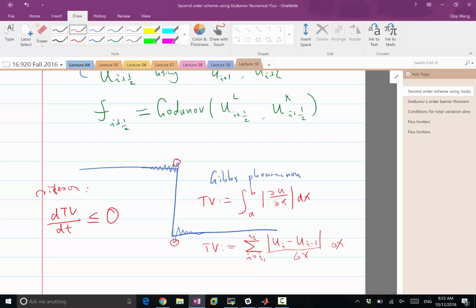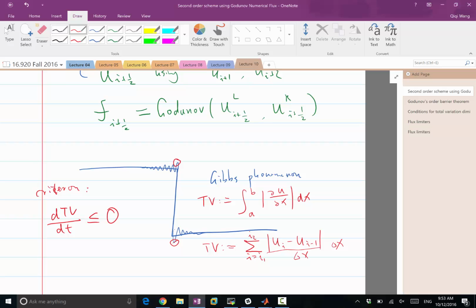If there are no discontinuities, the time derivative of total variation should be 0, because the solution is morphed in shape but never changes its shape. Any monotonically increasing region is still going to be monotonically increasing; it's just that the bounds of the region are shifted over time. Any monotonically decreasing regions are just shifted in space.